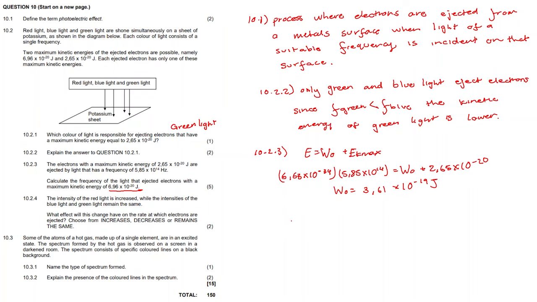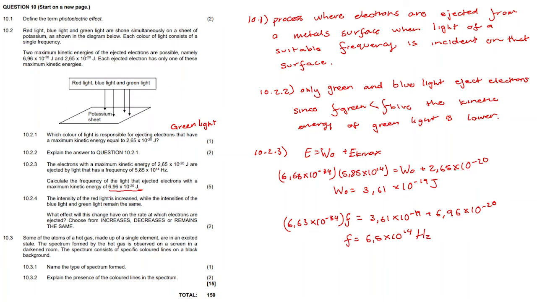So we can again say 6.63 times 10 to the negative 34, being h, times frequency, which is what we want to calculate, is equal to the work function, which we have just calculated, plus the maximum kinetic energy. And if we rearrange and solve for f, we get the frequency to be equal to 6.5 times 10 to the 14 Hz.